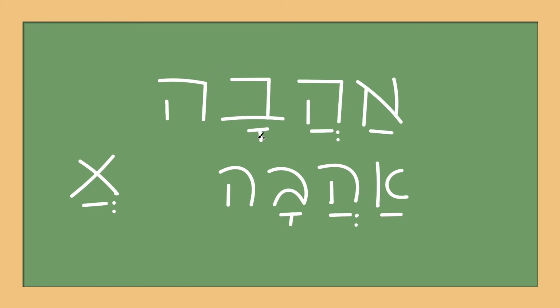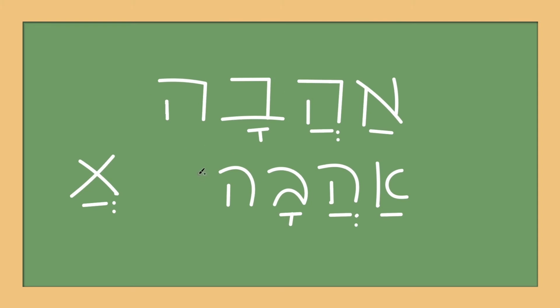In most cases, not in all of them. And typically the letter Hey also plays a role to identify nouns that are feminine. Ahava. So the combination of those two letters is Va.